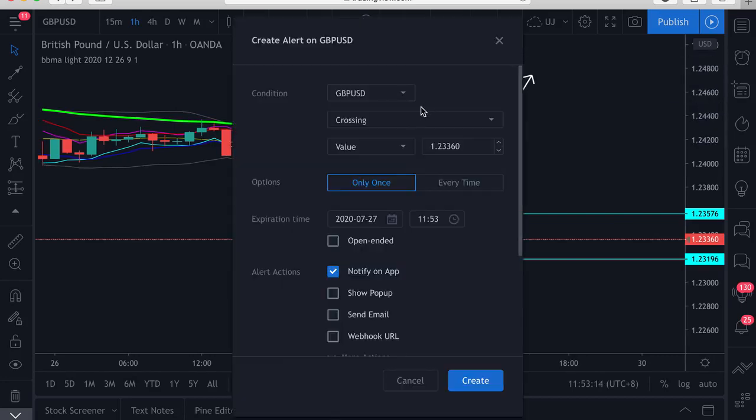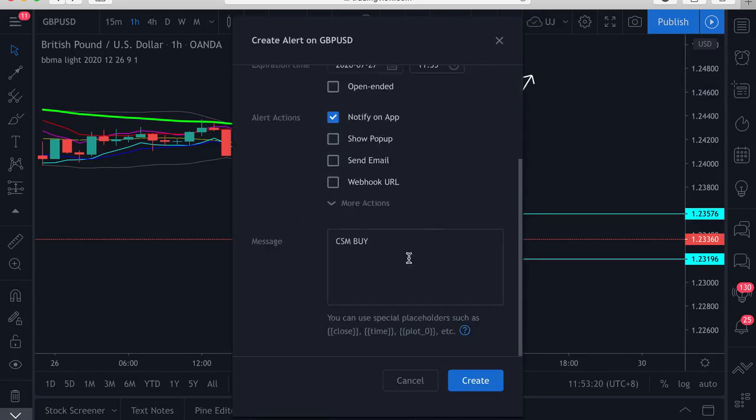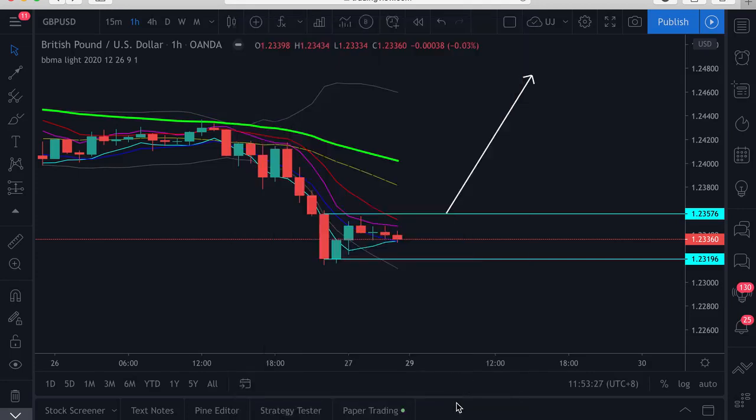So for this, we can set an alert using our custom indicator CSM buy. Okay, CSM buy at H1 EMA 50. We can also set an alert to trigger if the price goes beyond this candlestick, but that's not really necessary for us.